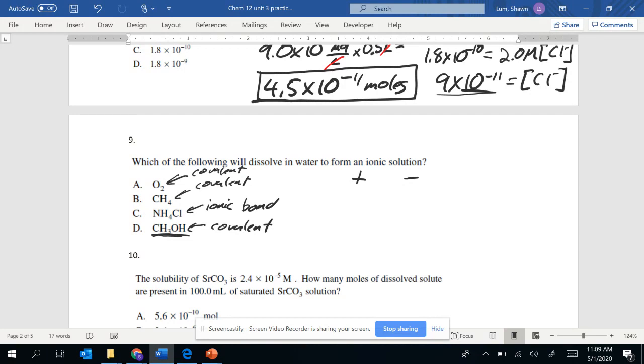But as soon as I threw in an ionic compound, it lit up, and ionic compounds can conduct electricity. Anyways, the positive part in this thing is the NH4 plus, and the negative part is the Cl minus.